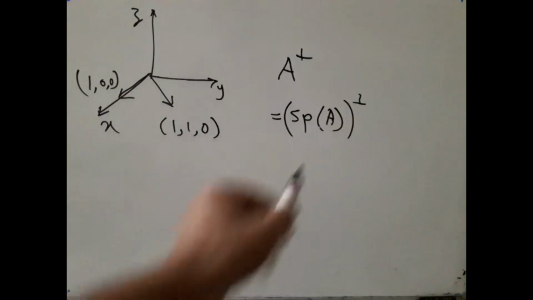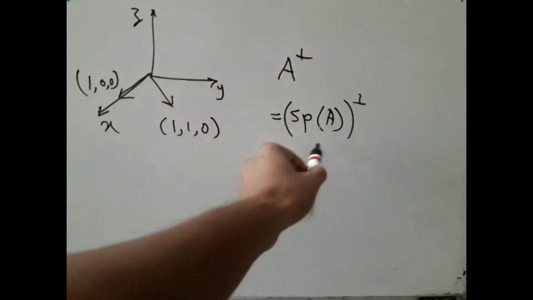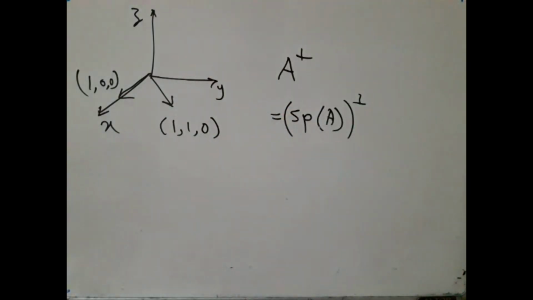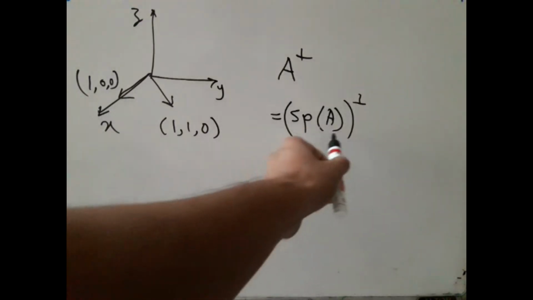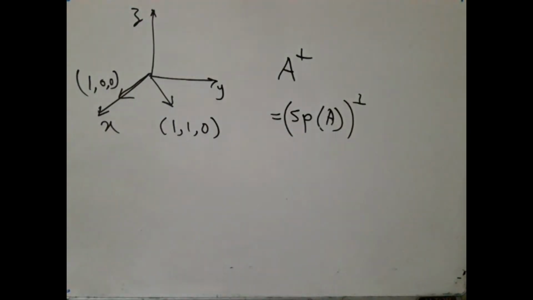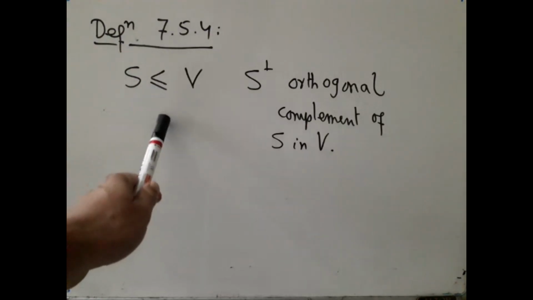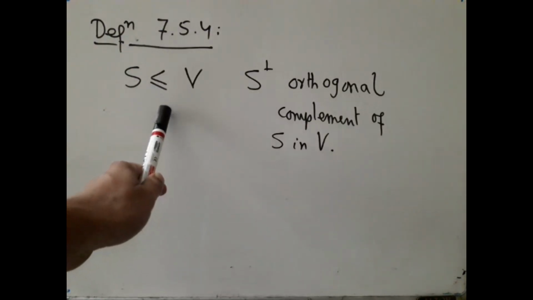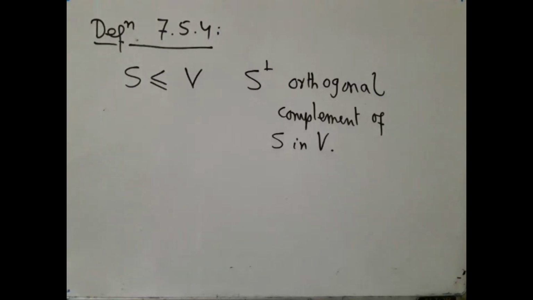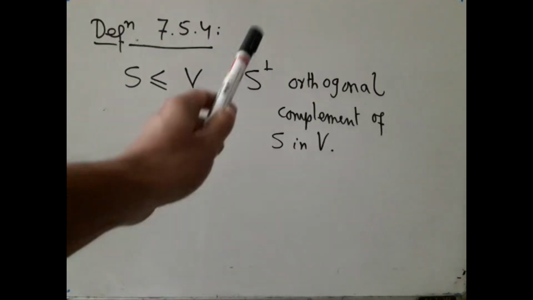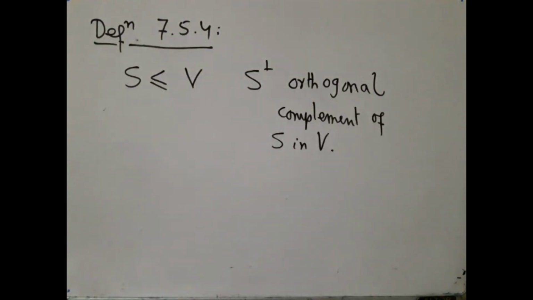As a result, we generally like to work with only perps of subspaces, because the span of anything is a subspace. This motivates definition 7.5.4. If I start with S, which is a subspace, not just an arbitrary subset, of V, then S perp is given a special name. It is called the orthogonal complement of S in V.